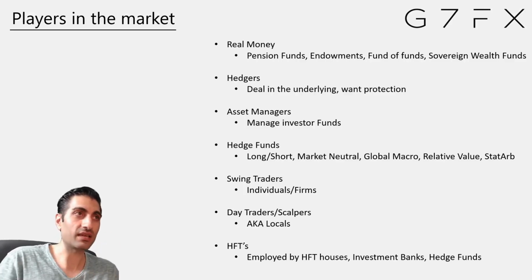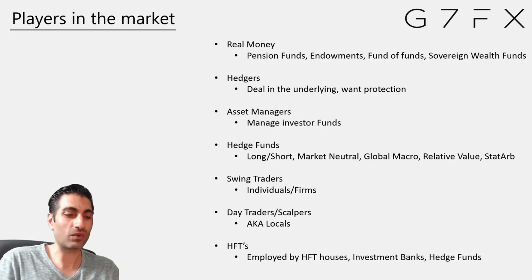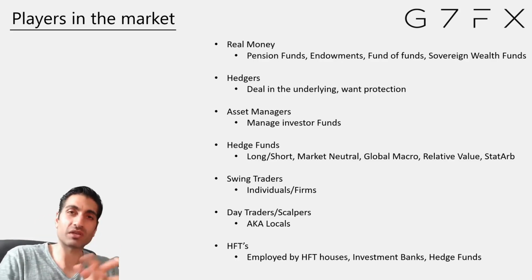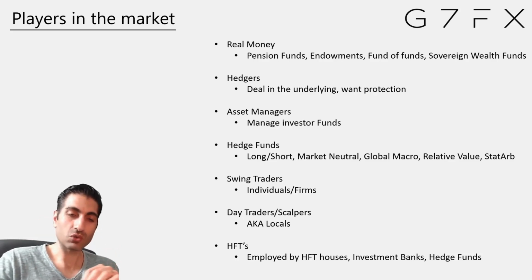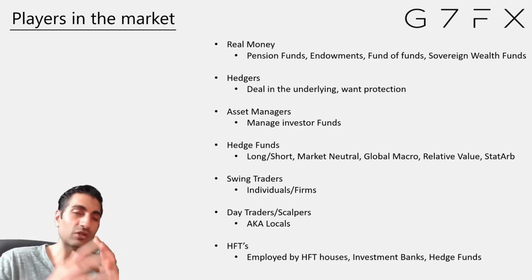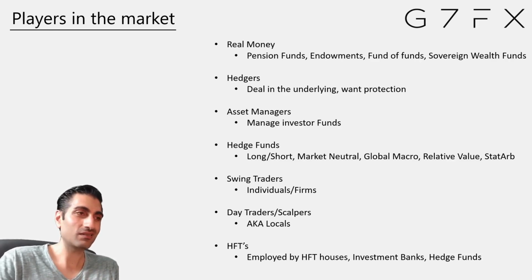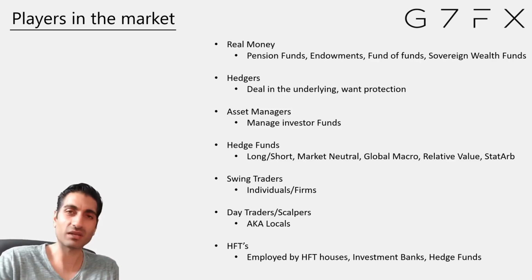Okay, so you can see here I've got a list of players in the market, and I think it's important that I pause here and talk a little bit about why this is so important. A lot of the course, auction market theory, I think pretty much everyone can see that a market is a market is a market. I've said that before.